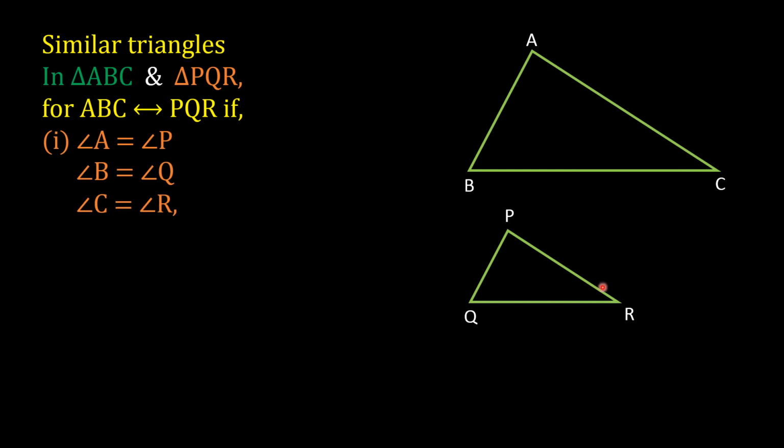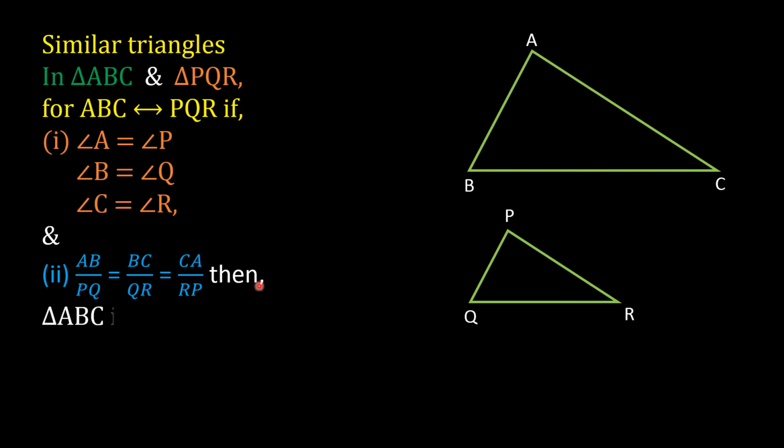And the second set of condition is: AB divided by PQ equals BC divided by QR equals CA divided by RP.